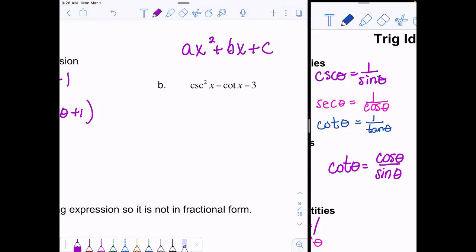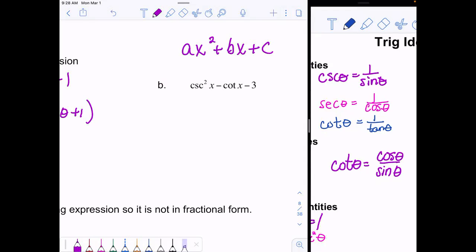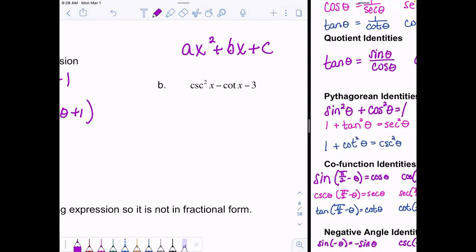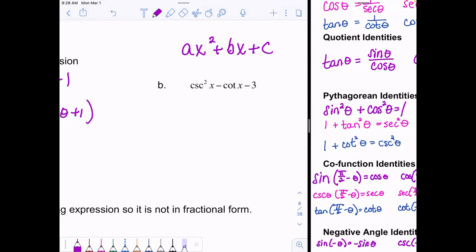Right now we have cosecant squared minus cotangent minus 3. So I can't factor quite yet because that cosecant squared doesn't match a cotangent in the middle. So if I can't factor, we have to try and use an identity.